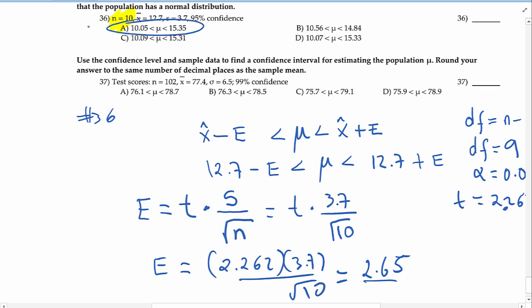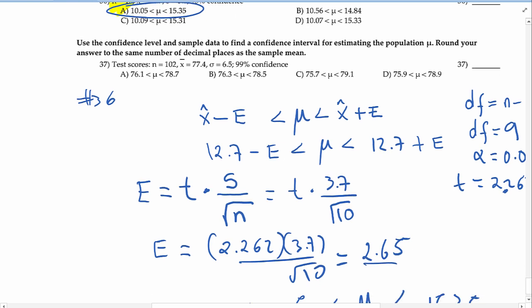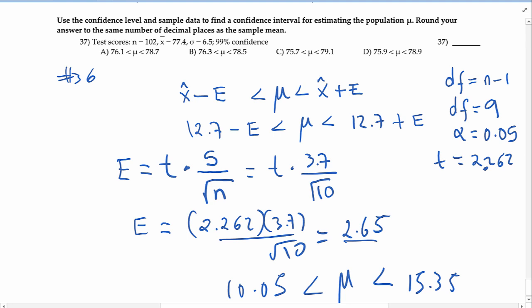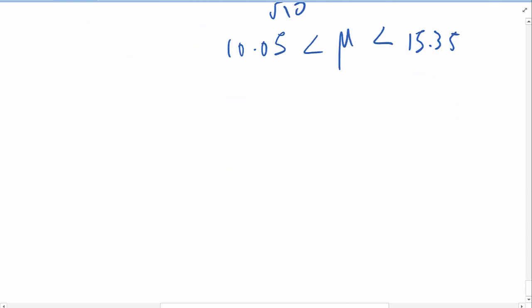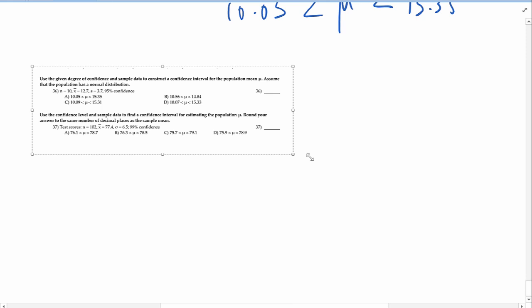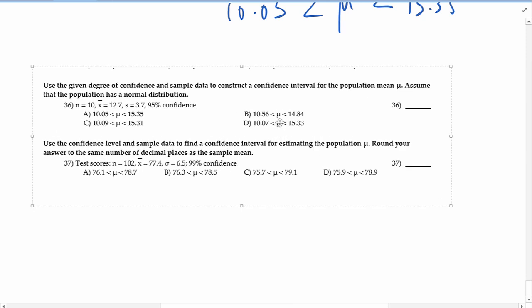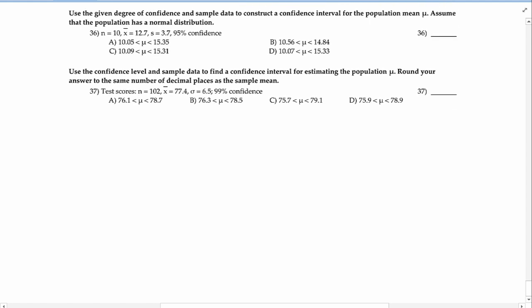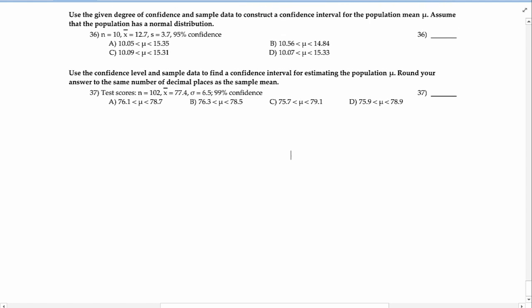Okay, so let's do the next one, number 37. Let me paste that problem here. In problem 37, again, we want to create a confidence interval to estimate the population mean.